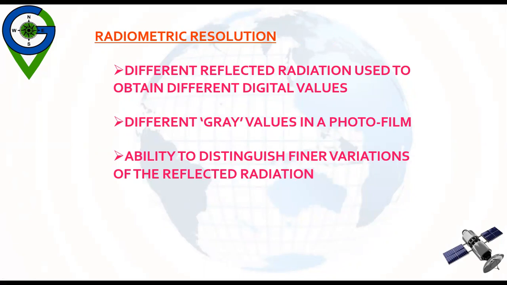Whenever an image is acquired on film or by a sensor, its sensitivity to the magnitude of the electromagnetic energy determines the radiometric resolution. So the radiometric resolution is defined as the sensitivity of a remote sensing detector to differences in signal strength as it records the radiation flux reflected or emitted from the terrain.